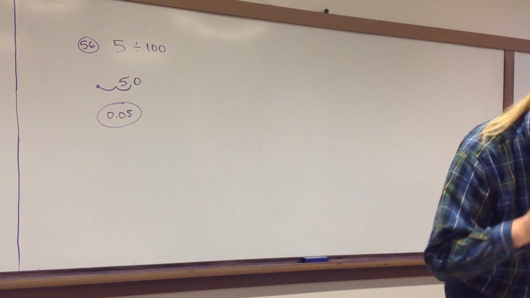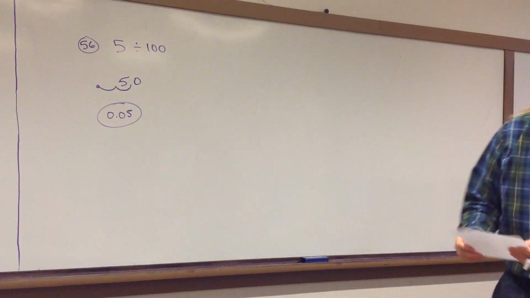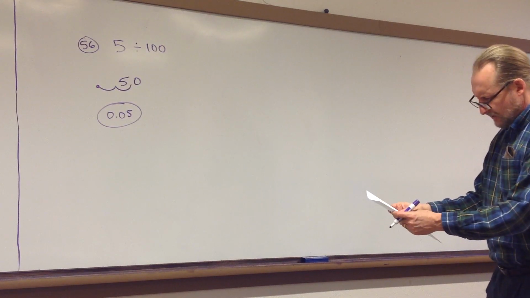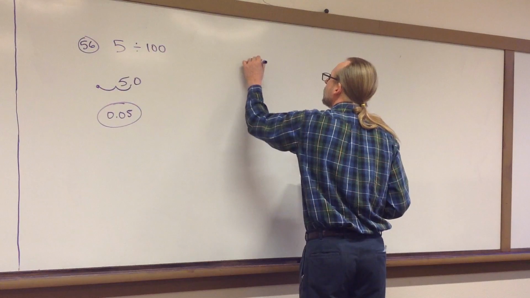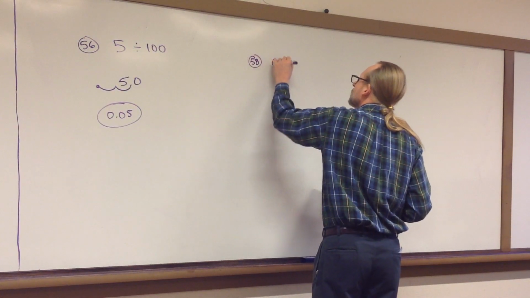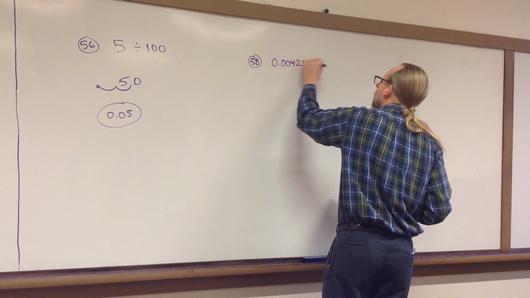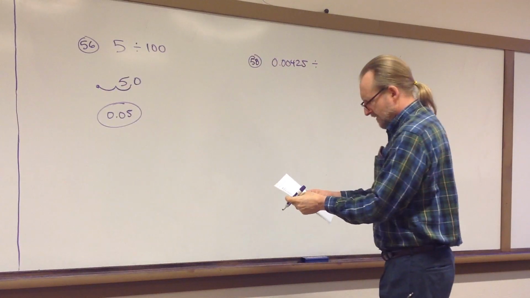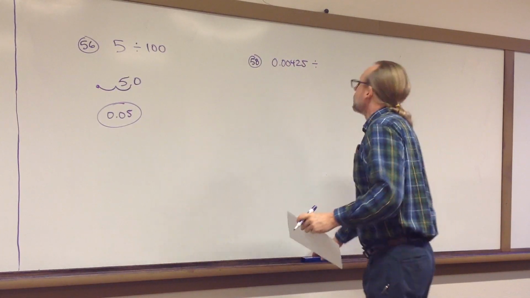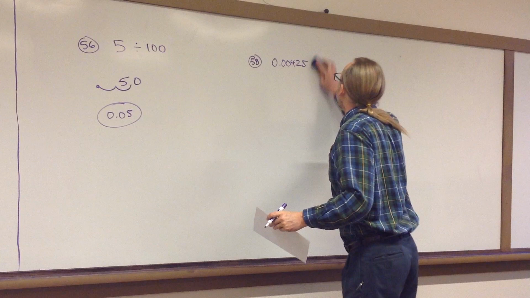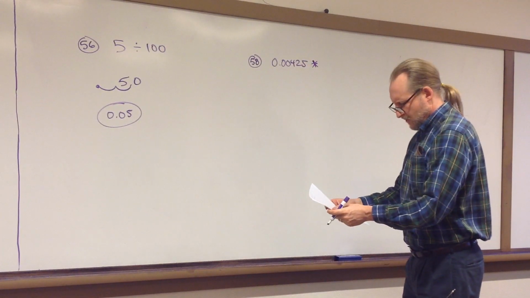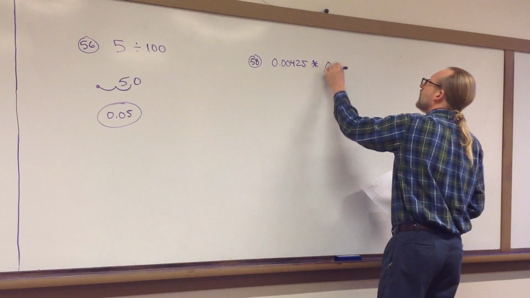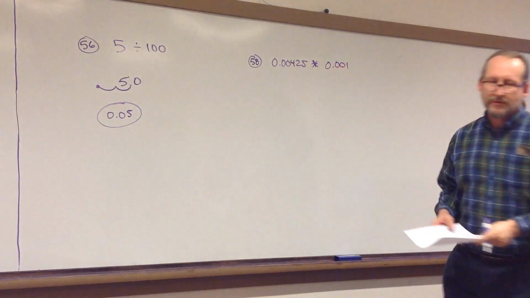Alrighty, let's see here. Problem 58, 0.00425. These are small numbers. That is going to get multiplied by 0.001, 1,000th.